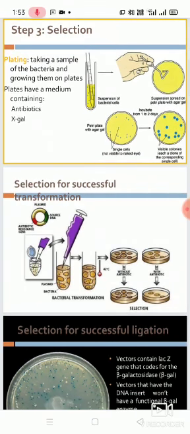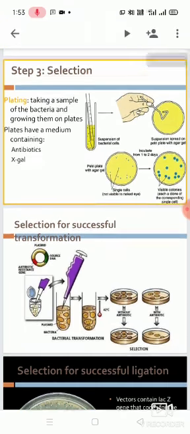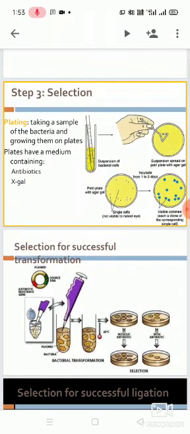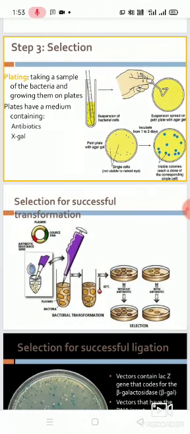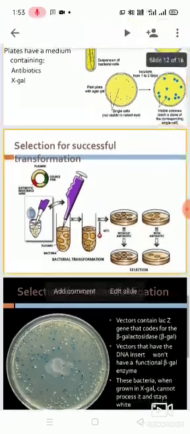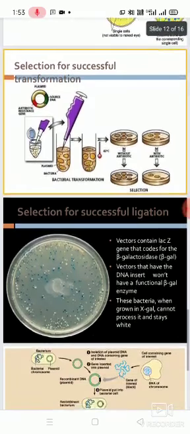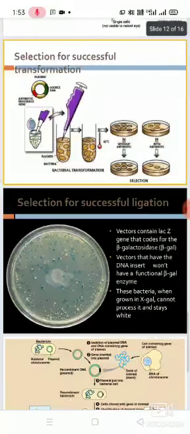where different sources will be given for the selection. And I have already told what these sources are. This is antibiotic or X-gel, which will help in the selection process. Fine. So first we'll discuss the antibiotic, which is used for the selection.